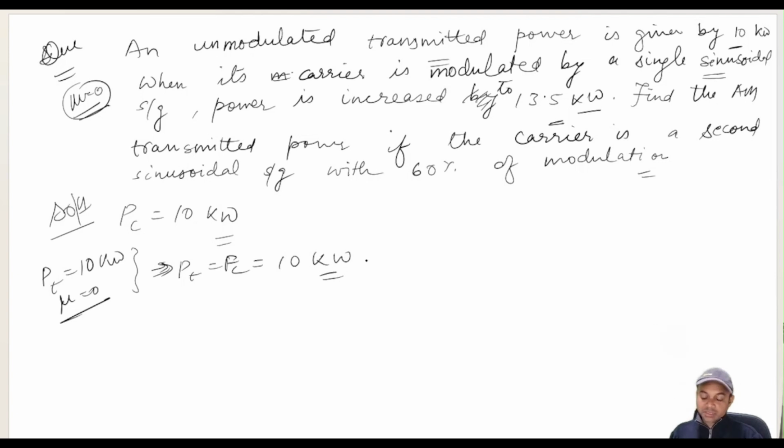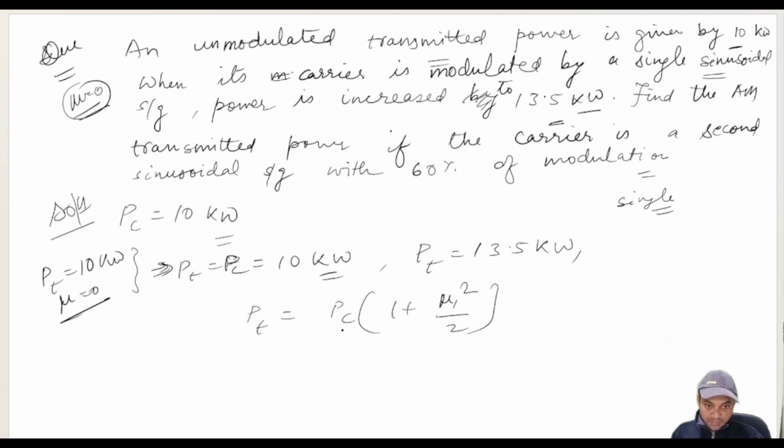We have already solved some numericals on this type of problem. And PT is equal to 13.5 kilowatt when we are modulating with a single sinusoidal signal. PT is equal to PC into 1 plus mu 1 square by 2.